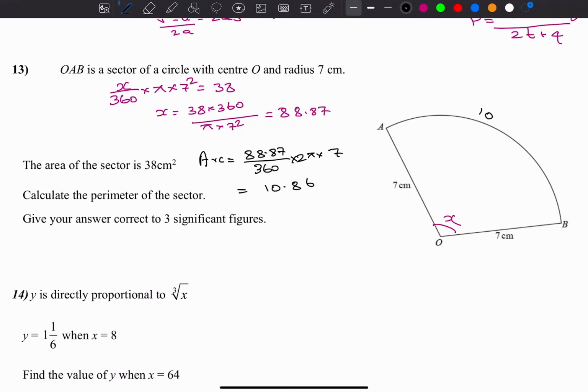So this is the arc length here, 10.86. They want the perimeter. So for the perimeter you add it up, 7 plus 7 plus 10.86. And you want the answer to 3 significant figures, 24.9. Okay, 24.9 centimeters. That's the answer.